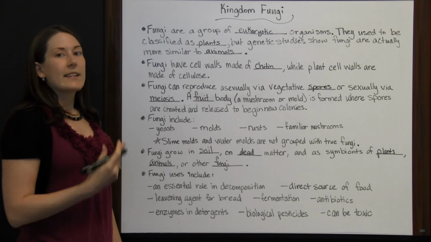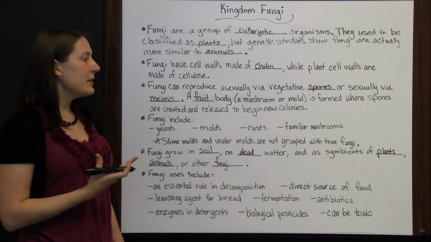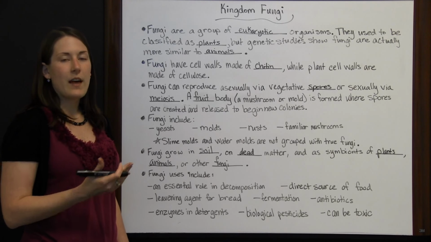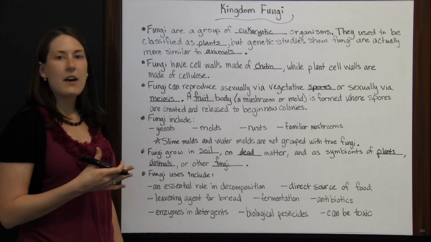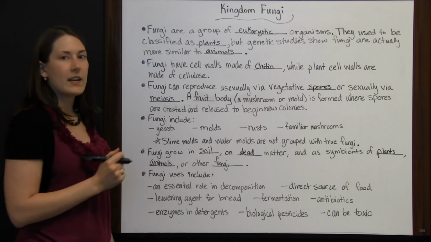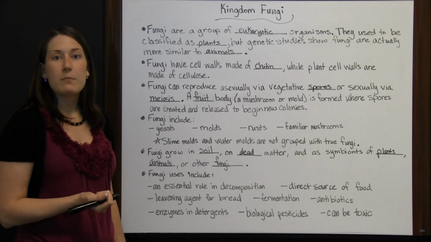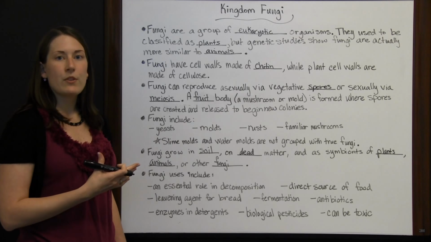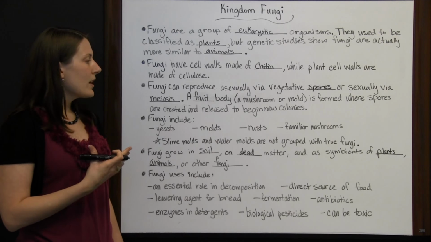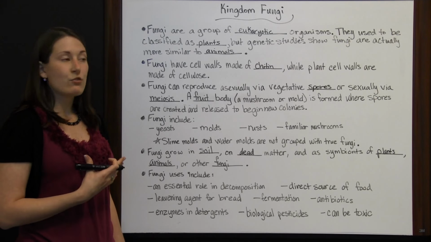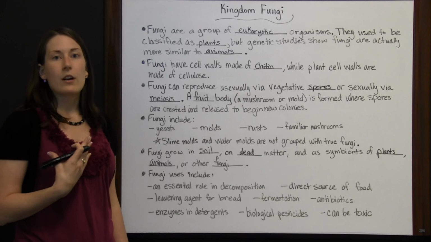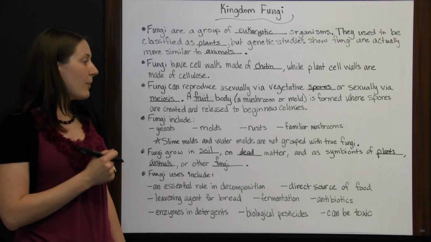So it can live on it. It could be a neutral relationship where that fungus lives there and it doesn't affect the plant, animal, or fungus that it's living on. It could be something positive where they're both getting something out of it, or it could be something negative where the fungus growing on that plant, animal, or other fungus is causing a problem.